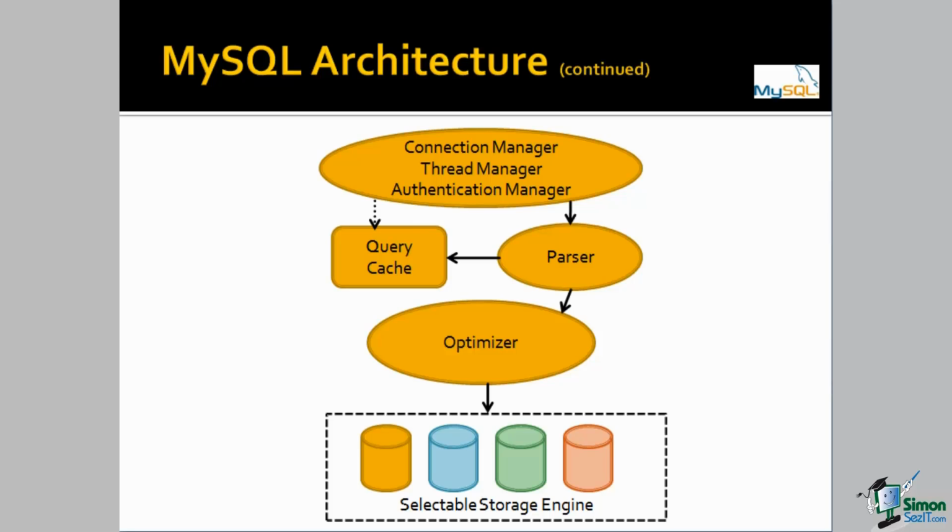Either the query has already been seen by the MySQL database, in which case it's going to be stored in the cache, or the query is going to be passed to the optimizer so that a query tree, the path of access to the data, can be developed. Then one of the components within this optimizer category is going to execute that query against the storage engine.